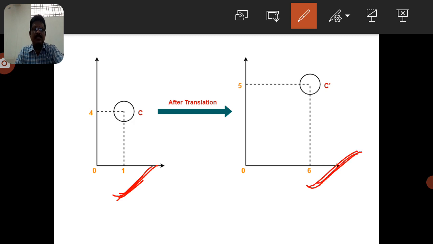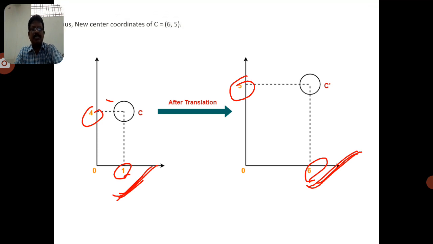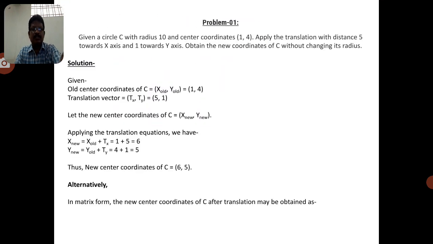The position of this particular object is moved along the x-axis from 1 to 6. Similarly, we can observe the y initial coordinate, and after translation it is moved along the y-axis to 5. That means the added sum of the tx and ty values.